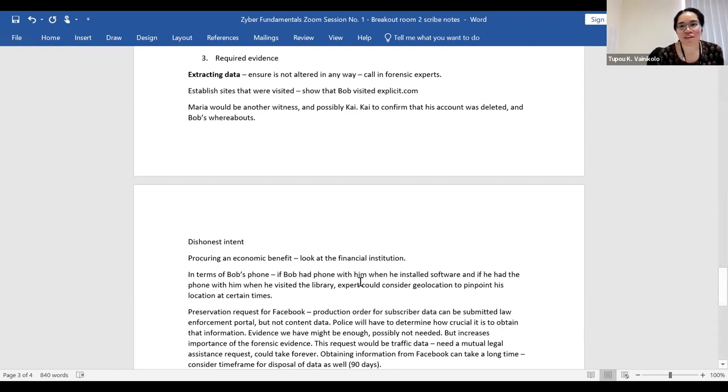The reason why we would use a digital forensic expert is to ensure that the data is not altered in any way from the time it was extracted to the time that it is admitted into court as evidence. Also, that expert would establish from the data the sites that were visited by Bob.